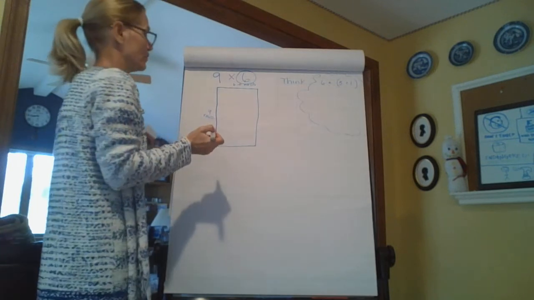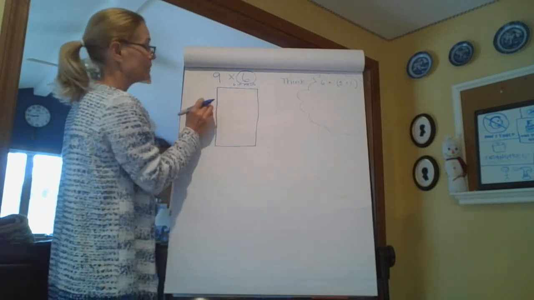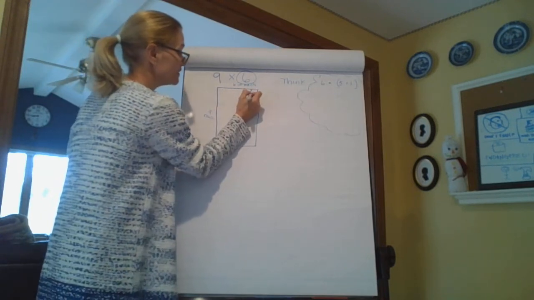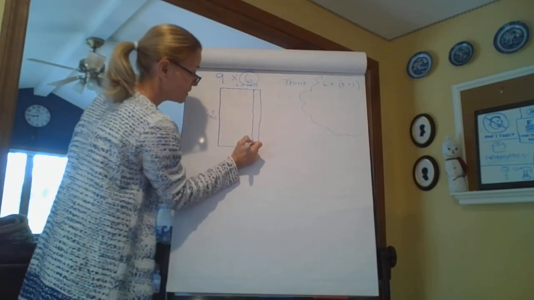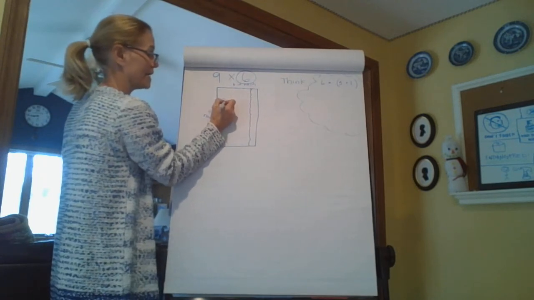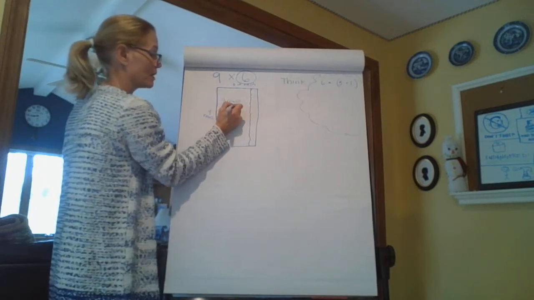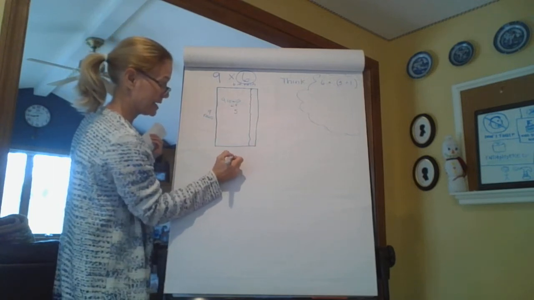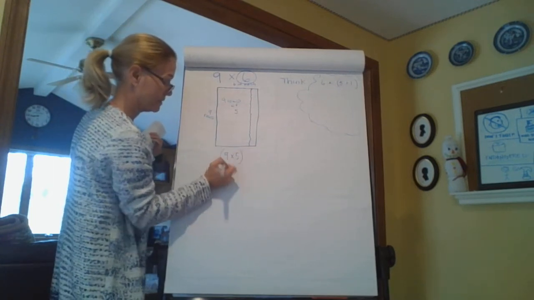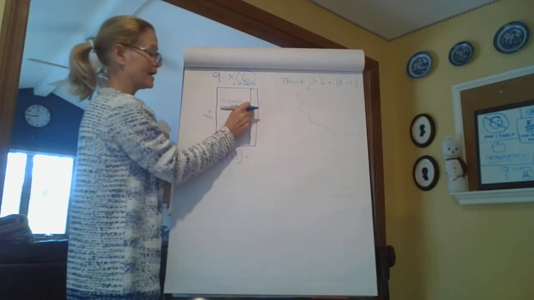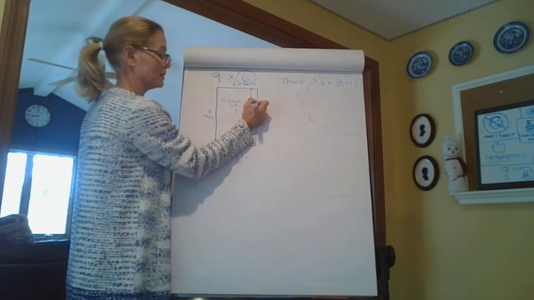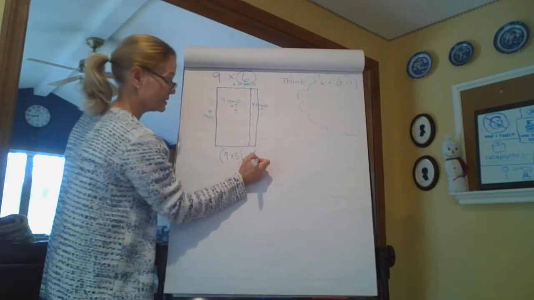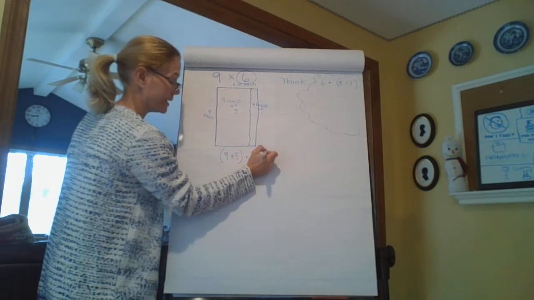So what am I going to do? I have my 9 rows, but now I'm going to have 5. 1, 2, 3, 4, 5. So here I have 9 rows of 5, which is 9 times 5, plus, here I have 9 rows of 1, which is 9 times 1.